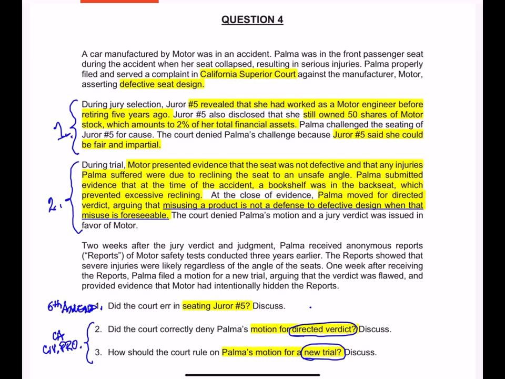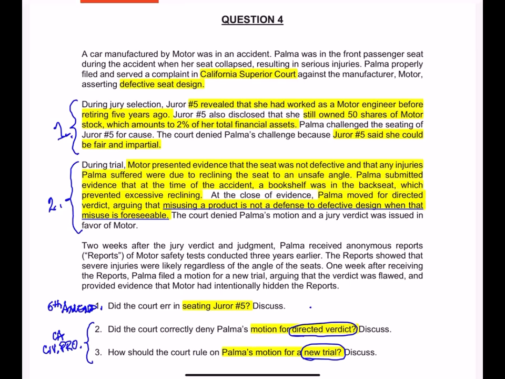Remember the standard. There has to be no legally sufficient evidentiary basis for a reasonable jury to reach a different conclusion. Look at what we have. We have that Motor presented evidence that any injuries Palma suffered were due to reclining the seat to an unsafe angle. She presented evidence that she couldn't have done that because she had a bookcase in the back seat.